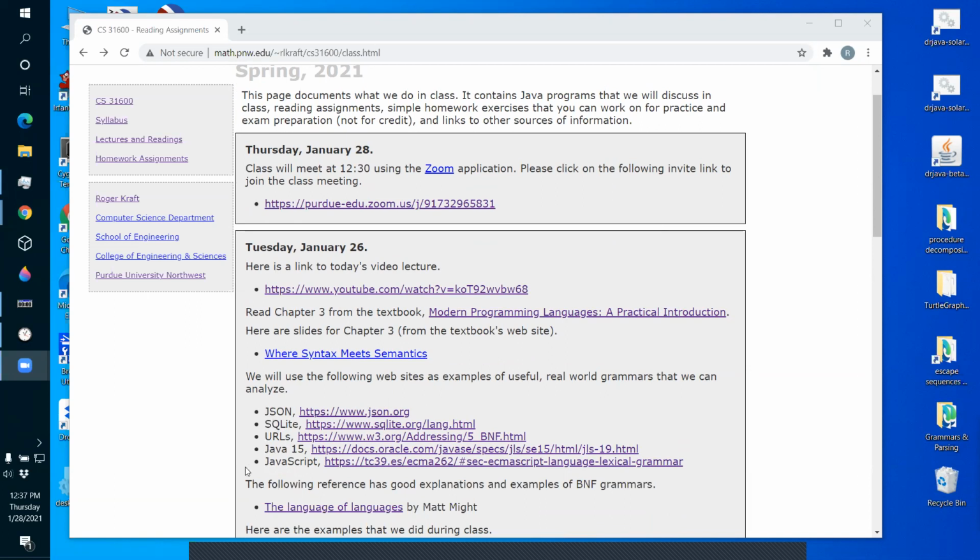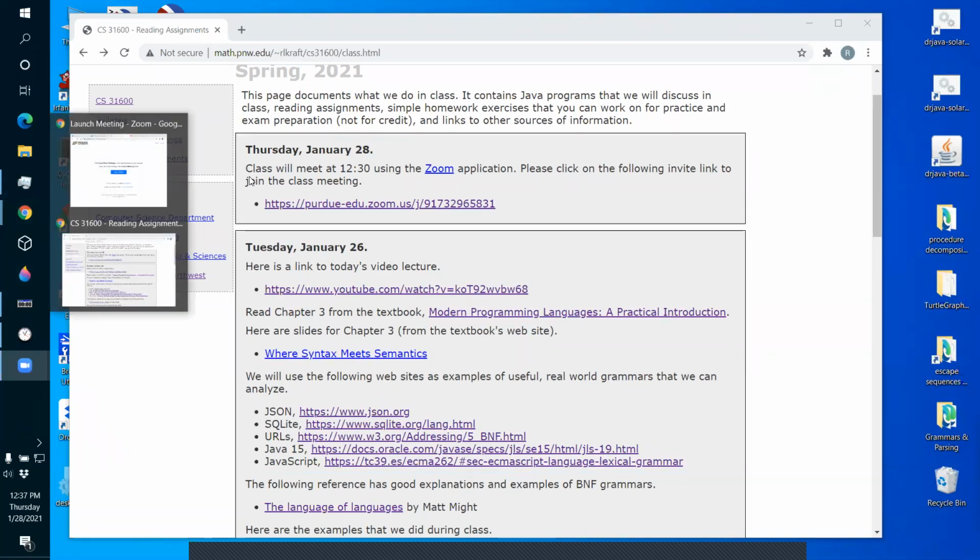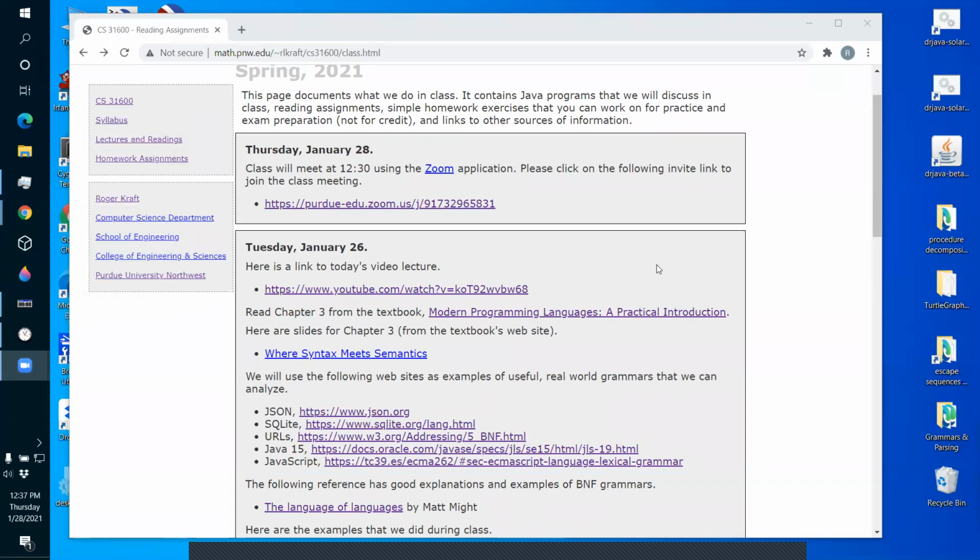When you really need to know what a URL or SQL or JSON looks like, you go to the grammar to find out. So grammars are great tools for being specific about what you can type into a program. Reading grammars is important, and writing very simple grammars is good practice for reading medium complicated grammars.